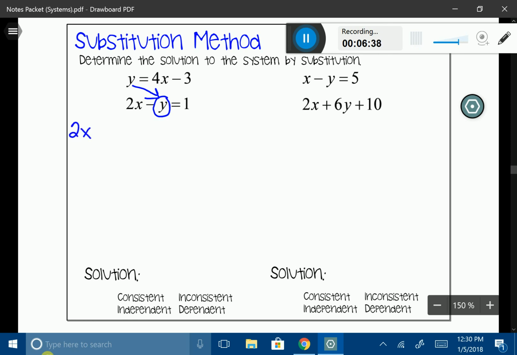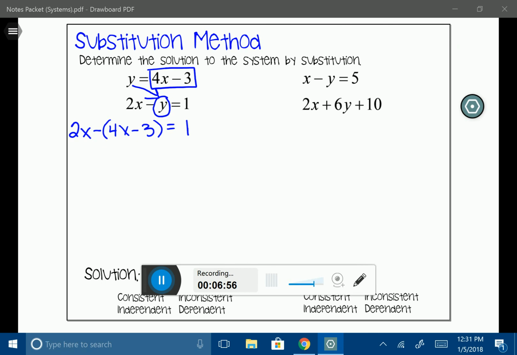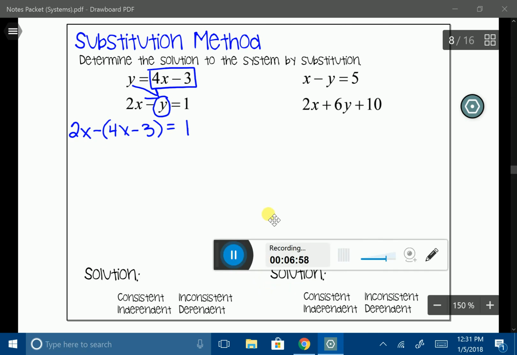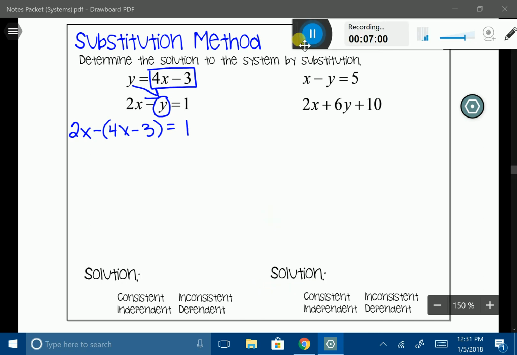2x minus, now remember, y is equal to this chunk right here. So I'm going to say, all right, 4x minus 3 is equal to 1. See what I did there? I always use parentheses because watch what's going to happen here.